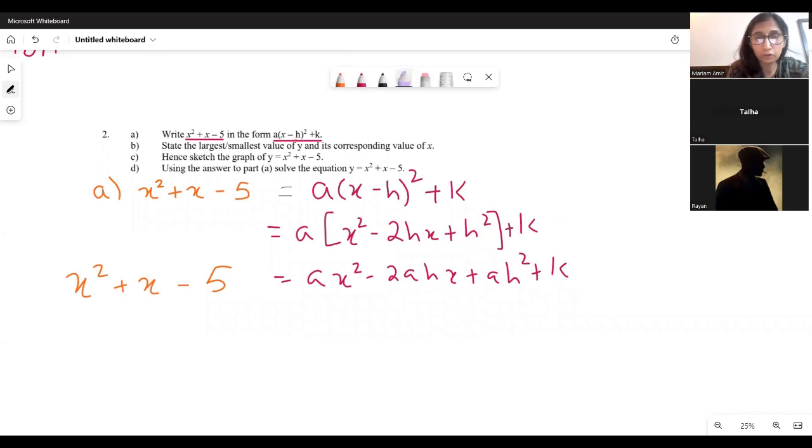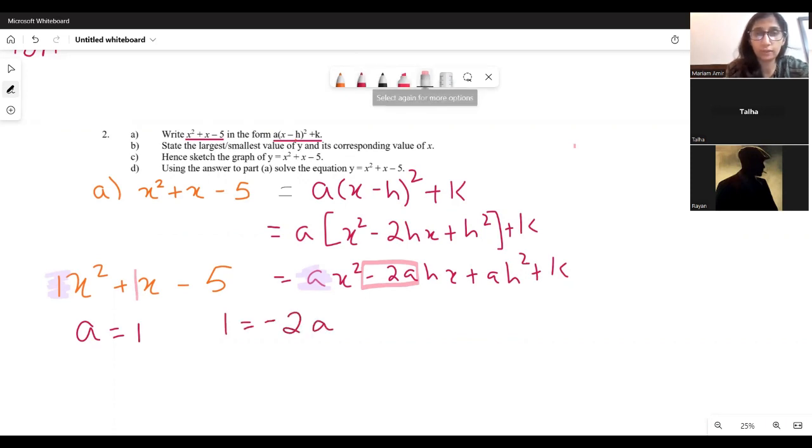When you compare the coefficient of x square, you have a at one end and just 1 here, so a equals 1. Now we compare the coefficients of x on both sides. The coefficient of x on the right hand side is minus 2ah, and a is already 1, so 1 equals minus 2h. So h is minus half.